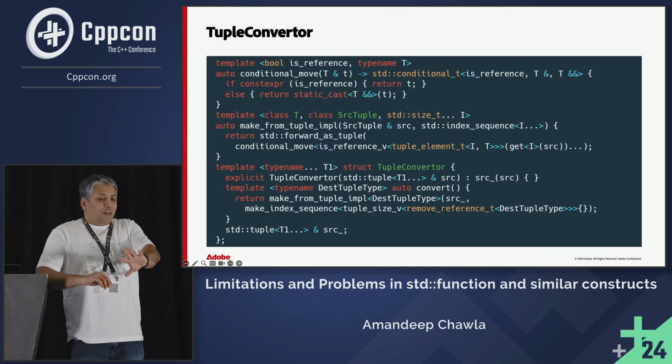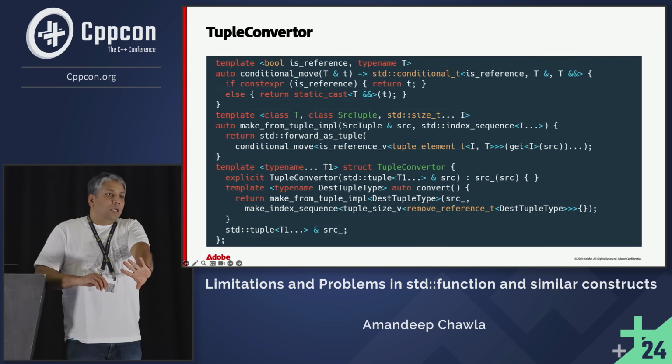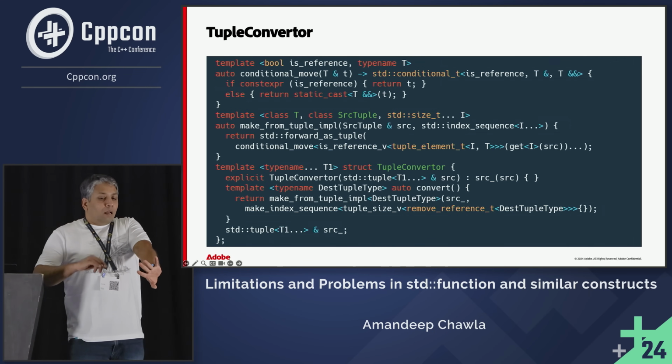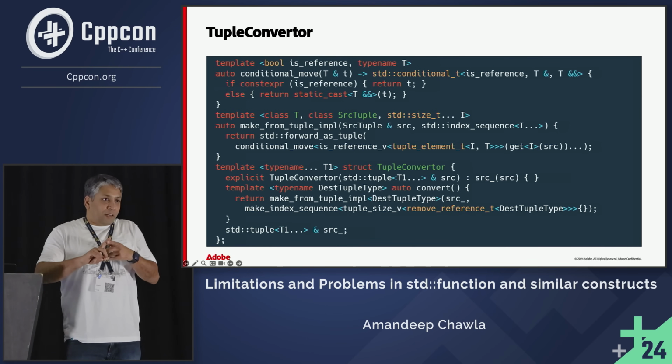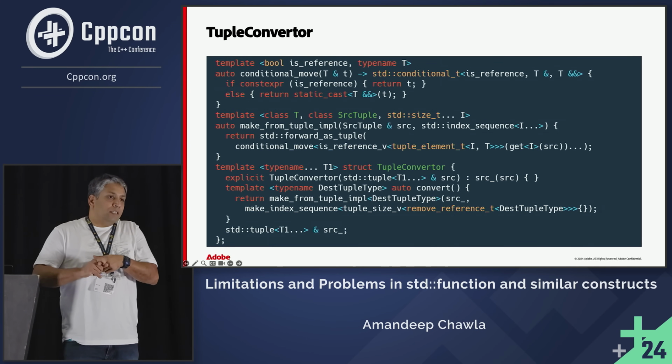I'll try to explain. First part is important, which is conditional move. What it says, see, look at the return type defined. It says if it is a reference, okay, return an L value reference. If it is not a reference, return an R value reference.